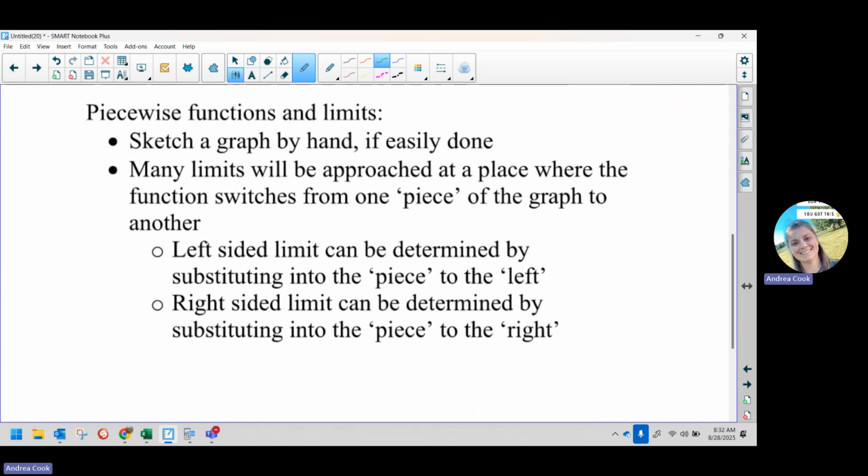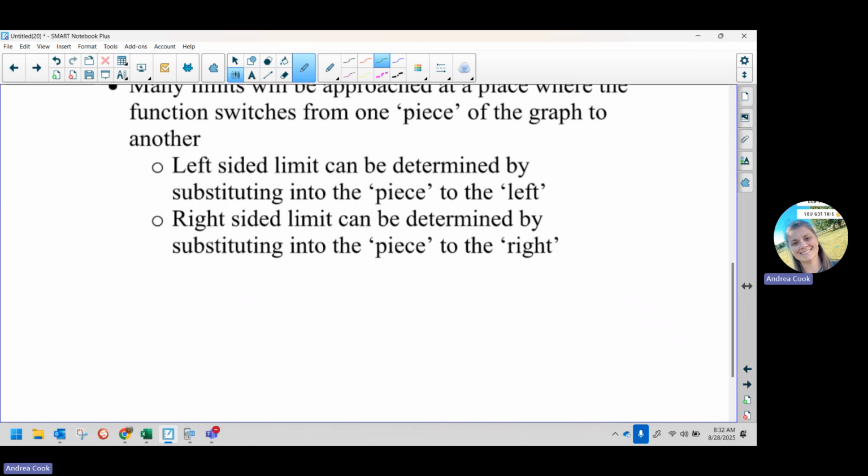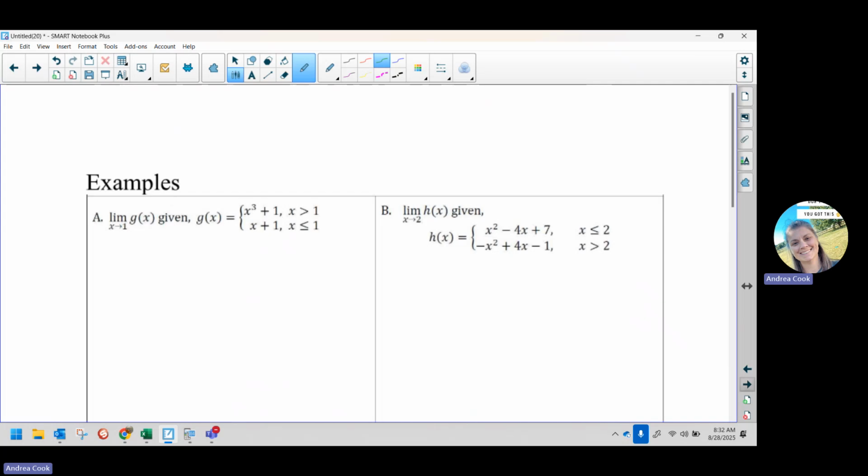So what you have to do is find the left-sided limit, which is substituting the value on the left piece. And then the right-sided limit is substituting the value on the right piece. All right, so I know that's kind of confusing, so let's do an example to make more sense.